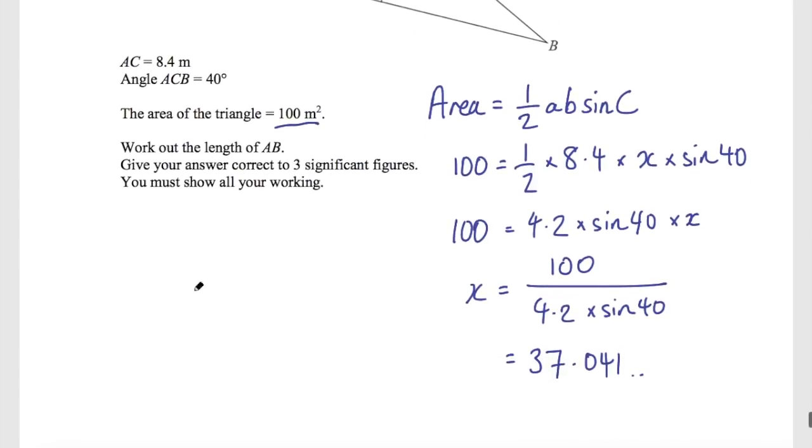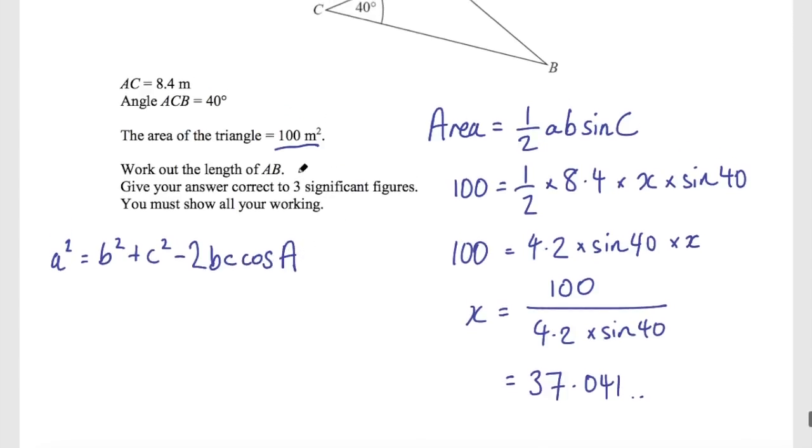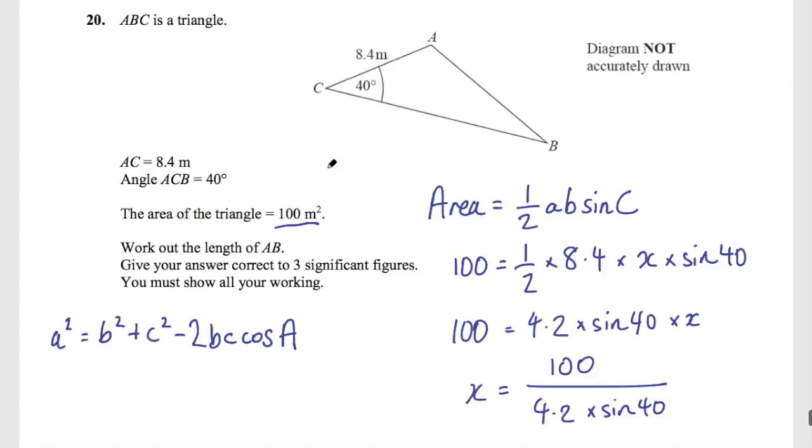Okay, so the cosine rule says a squared equals b squared plus c squared minus 2bc cosine A. In this case, this angle here will be angle A. This side will be the side a we're talking about. And b and c are these sides here.